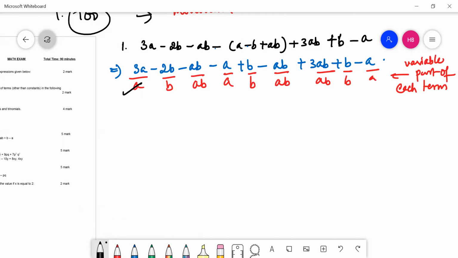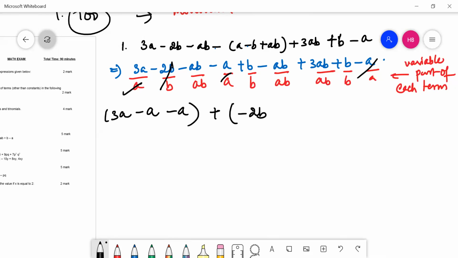So let's group a together first. 3a minus a minus a, correct? So I've grouped a terms together. Then plus, I'm going to group b terms together. So minus 2b. I'm just cutting out those terms which I'm writing, so don't get confused.